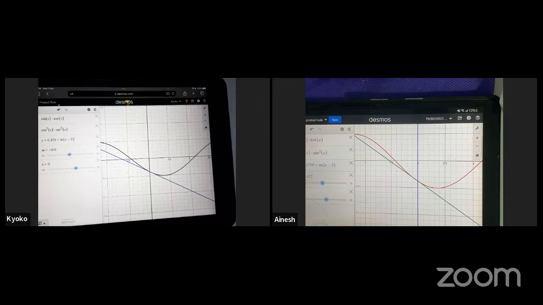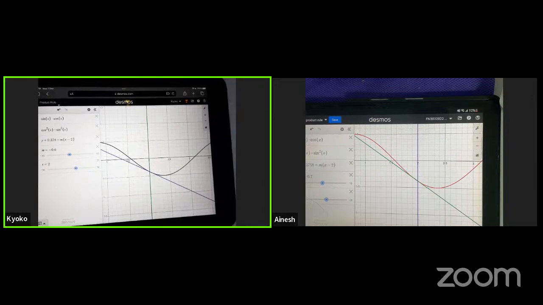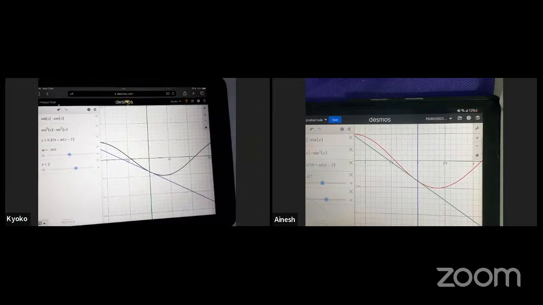Now, what is the purpose of doing all this time-consuming thing, Kyoko? Why are we doing this? To find the gradient of the tangent. Yeah, that's true. But why are we doing this?